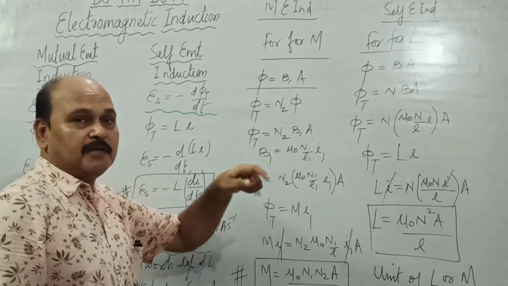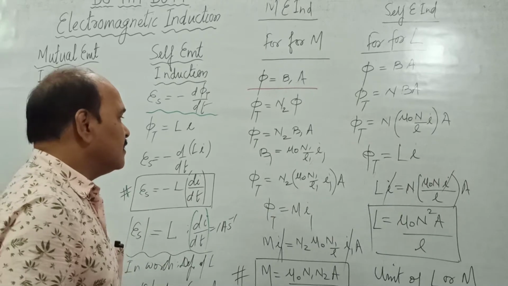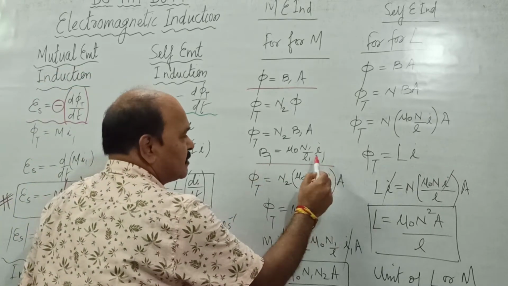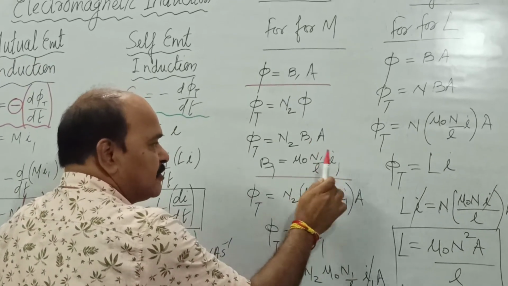Remember, B1 is the magnetic field due to the primary coil, and this B1 is mu naught N1 upon L into I1.